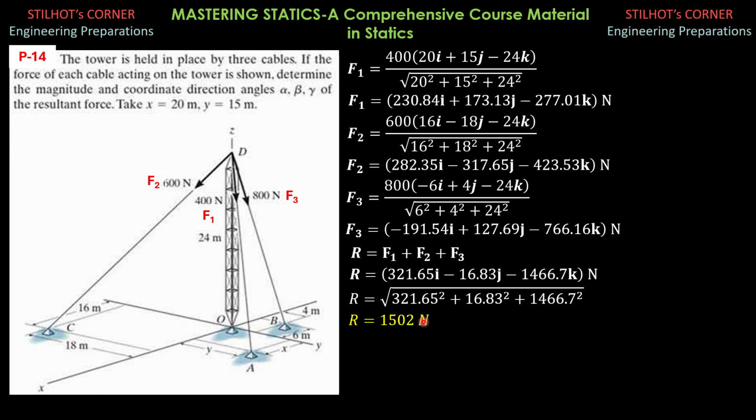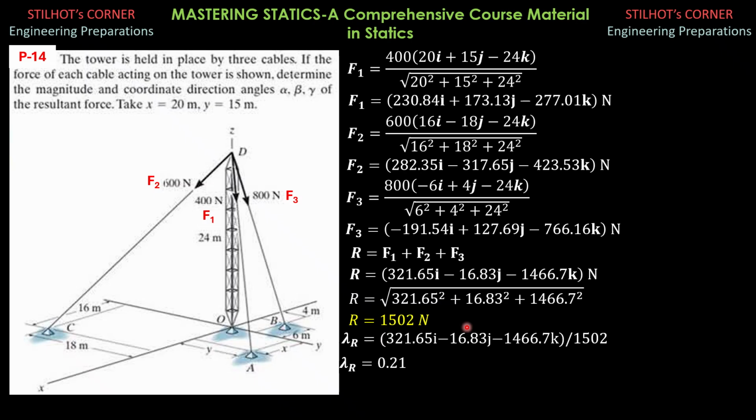Then for the direction angles, again, alpha is theta x, beta is theta y, and gamma is theta z. We express R as a unit vector by dividing it by the magnitude of 1502. So vector R divided by 1502.